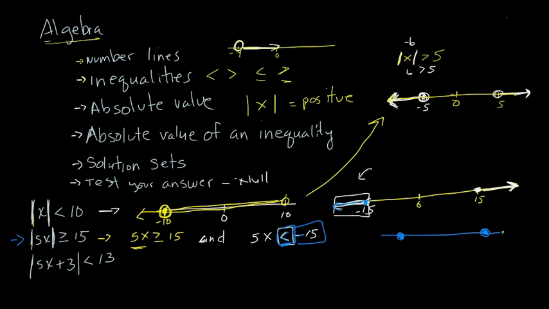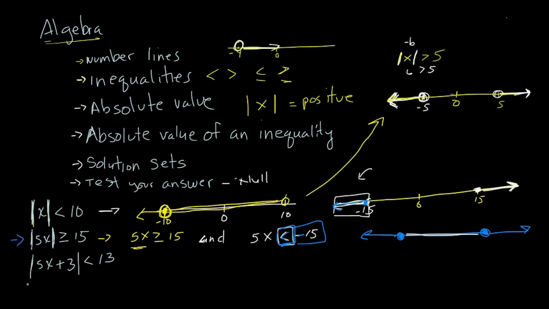And then the solution will either go in opposite directions from those two numbers, or those two numbers will be the limits, and everything will be in between. I think those are the only two ways that you'll see it.